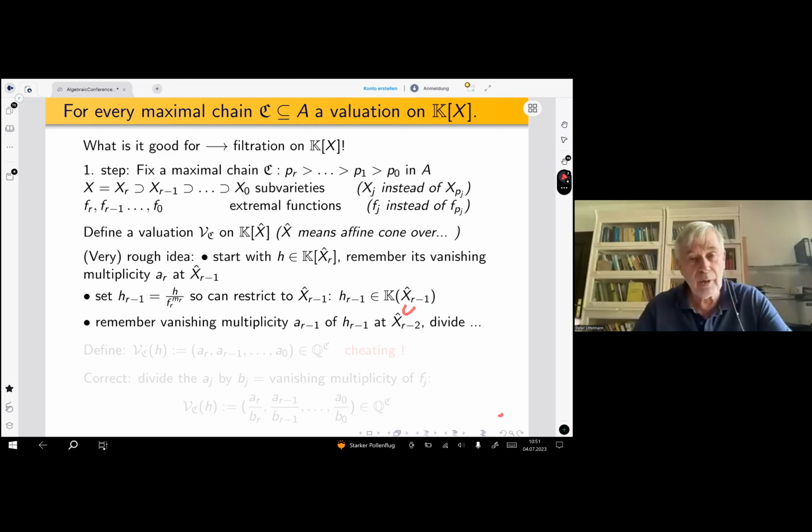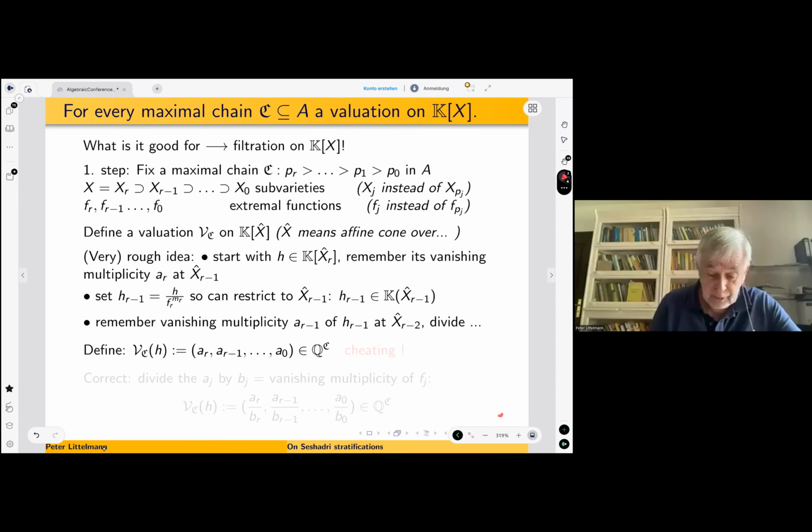Now I remember the vanishing multiplicity of my new function, which might be negative, as it might have a pole there. Then I do the same thing: I construct a new function which lives on the next smaller divisor, by dividing again by an appropriate power of an extremal function, and then I proceed.